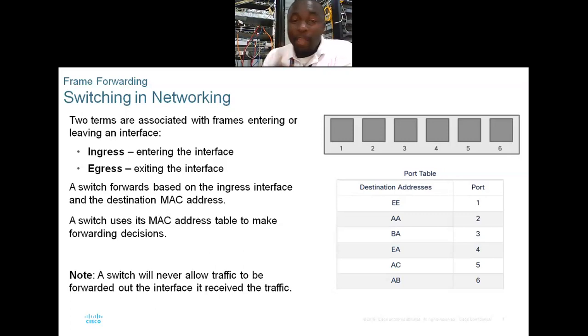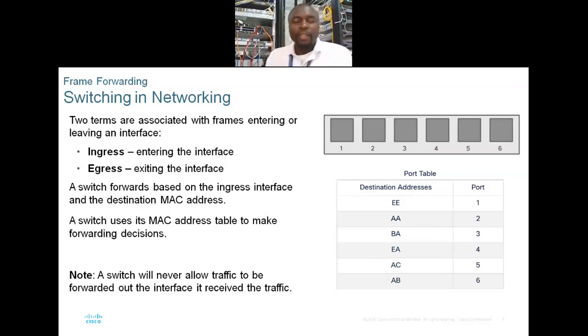If you remember your OSI model, we said that you have 7 layers, and layer 2 deals with switches. Layer 3 of that model deals with our router, which is the network layer. Now, these switches that function at layer 2 deal with the data called frames.